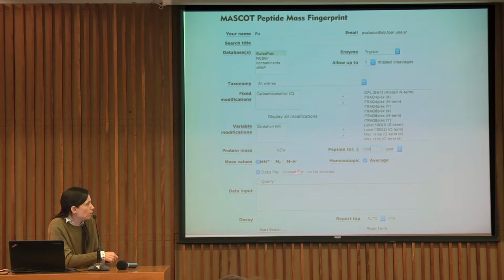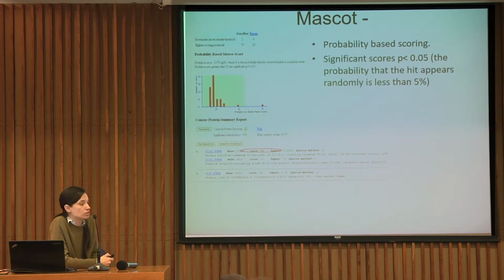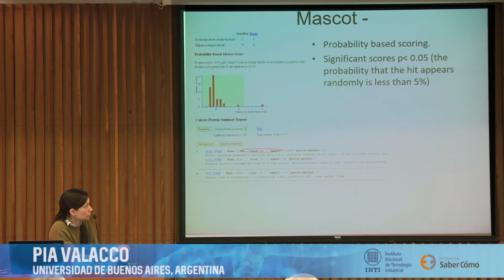Then you can upload your experimental data, or you can just paste the list of masses here, and you perform the search. This is what the result page in Mascot looks like. So it's a probability-based scoring, and significant scores are those that have a p-value lower than 0.05.